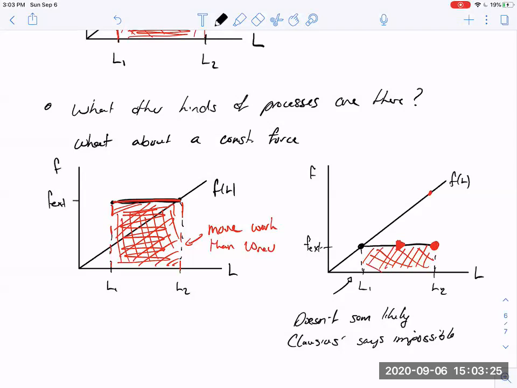It's not likely to be able to apply small forces and do work to affect a change in the system with smaller than the reversible amount of work. Clausius would say it would be against the law. All right, very good.